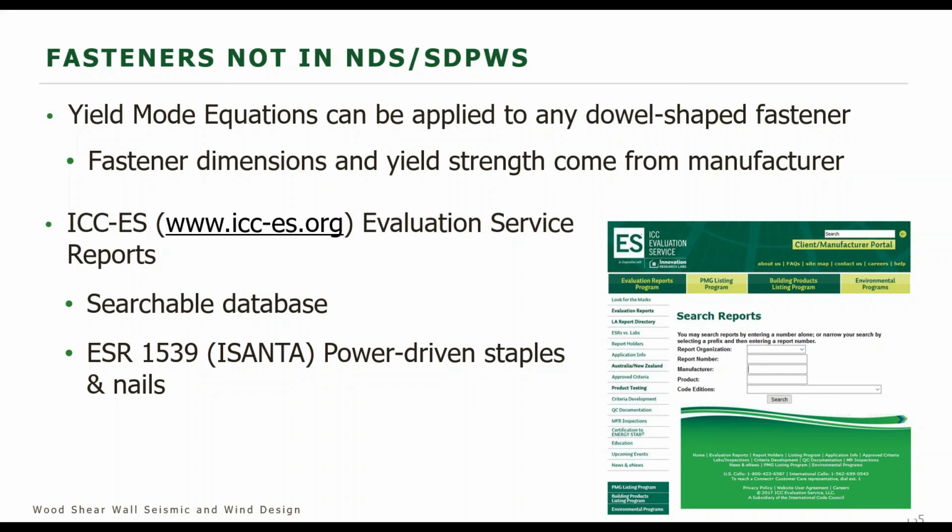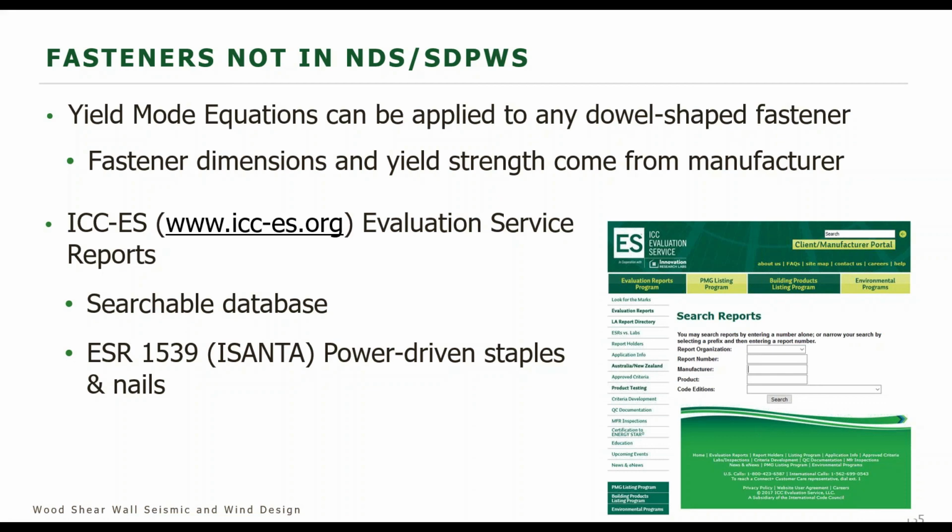So this is ICC ESR 1539, one of several ESRs, evaluation service reports, that have been published for different fasteners. The fasteners that are in the WFCM and SPIDWIS tables are assumed to be ASTM F1667 compliant nails.